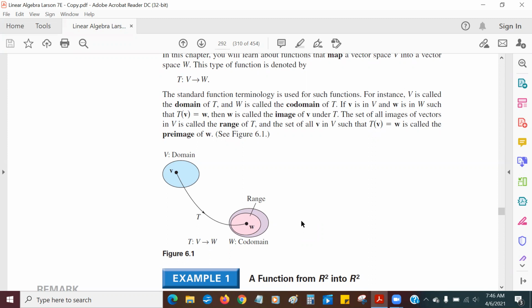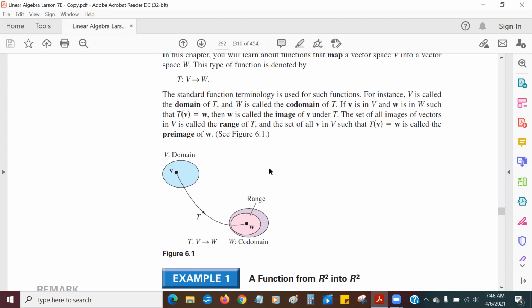What's different about a transformation is that we're not putting numbers in. We're sticking in a vector. My input is a vector. My output is another vector. So instead of my input being a number and my output being a number, my input and my output are vectors. That's one thing that makes it a little bit different than a typical function.